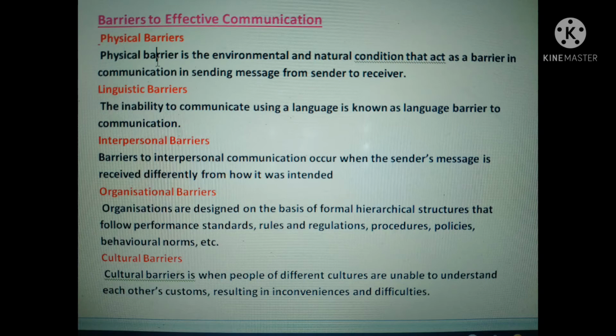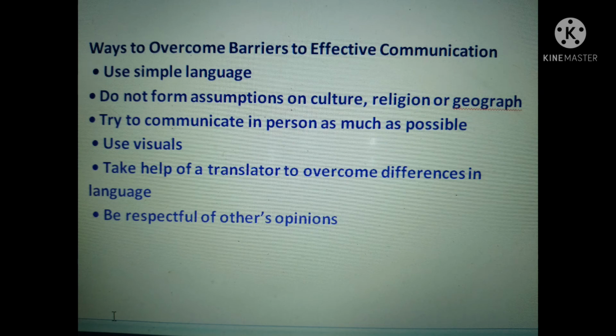Organizations are designed on the basis of formal hierarchical structures that follow performance standards, rules and regulations, procedures, policies, behavioral norms, etc. The last one, cultural barriers. Cultural barriers arise when people of different cultures are unable to understand each other's customs, resulting in inconvenience and difficulties.